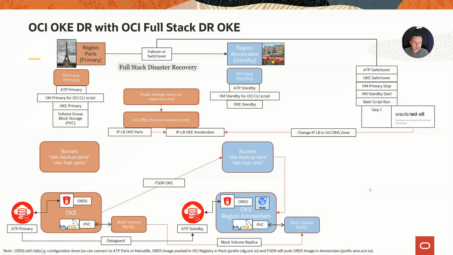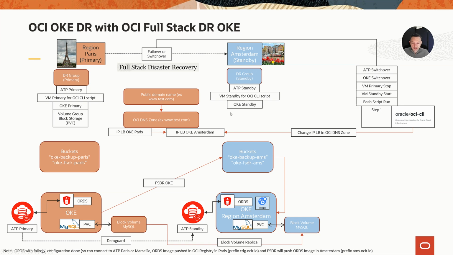Okay, today I'm going to show you a demo about full stack DR with OKE on Oracle Cloud. This is a new feature for full stack DR. With this feature, you are able to do a DR from a primary region, for me Paris, to a standby region, for me Amsterdam.